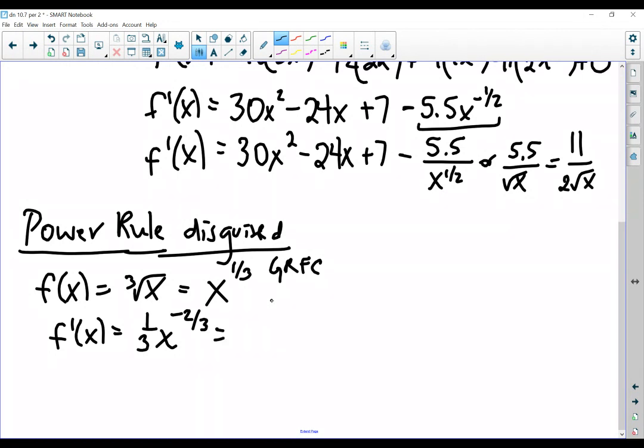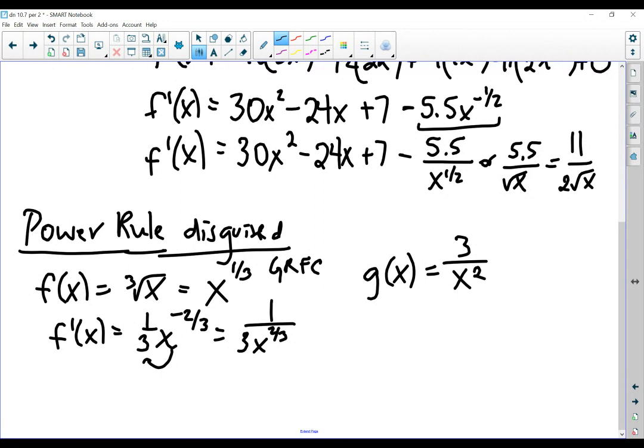And then if you want to clean it up, the x to the -2/3 is going to join the 3 and become 3x to the 2/3. And we're okay with radicals in the denominator and that kind of thing. All right, another one. Let's say I gave you the function 3 over x squared.